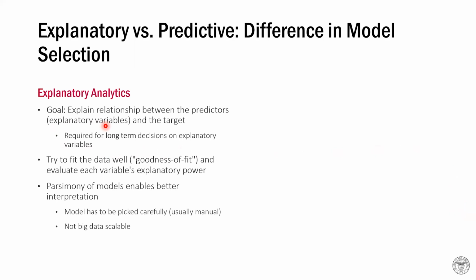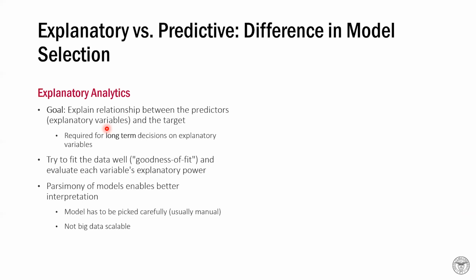In this sense, R squared, to be introduced in this video, is important. Meanwhile, parsimony of models normally enables better interpretation, which is even more meaningful in multiple regression, to be learned in other courses.